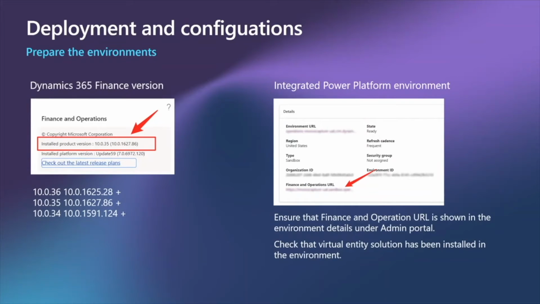But sometimes we also find the virtual entity is not installed successfully within the integrated environment, and our solution highly depends on the readiness of the virtual entity. So please also make sure the virtual entity solution has been successfully installed in your environment.